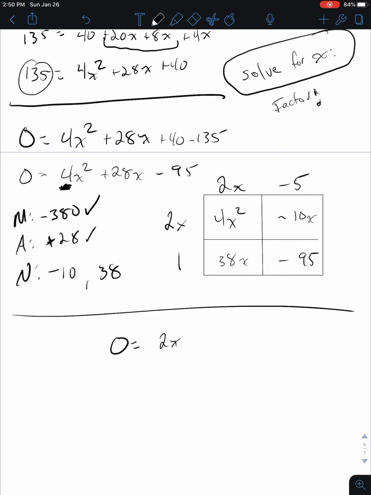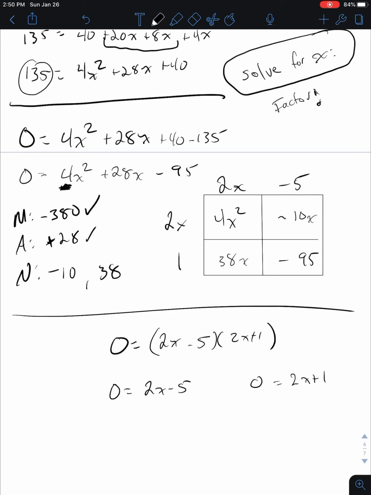So then your factored form here is what? Just write it out. Bracket 2x minus 5, multiplied by x plus 1, and remember it's 0 equals. Solve for x.